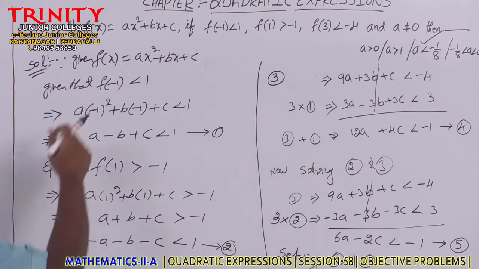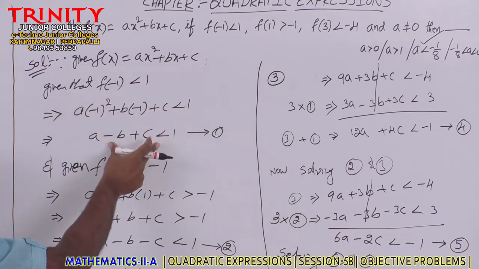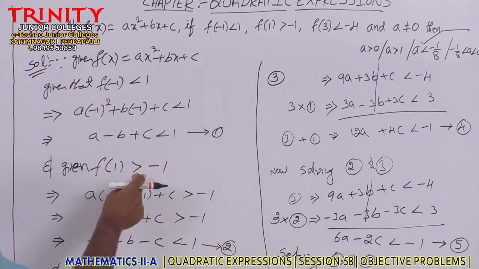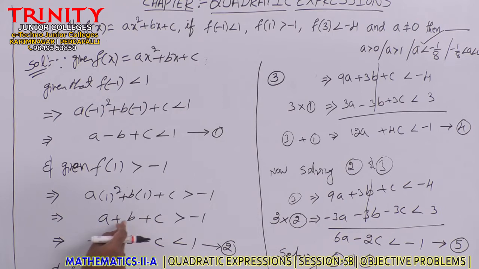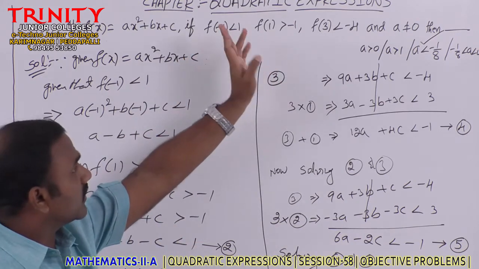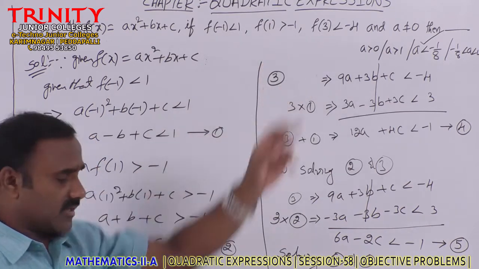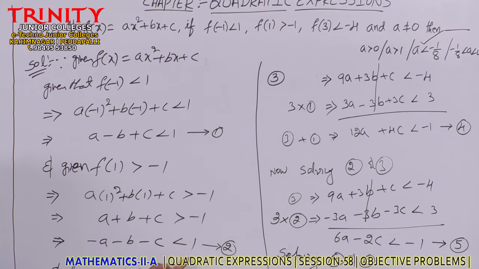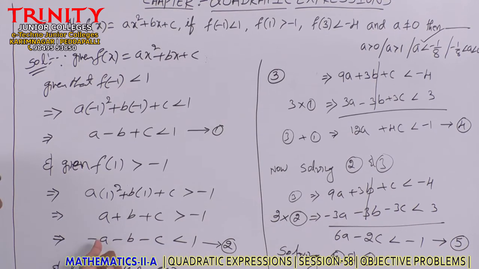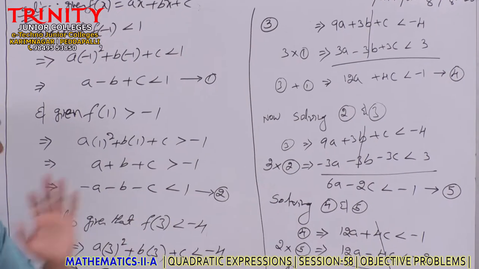By using the three conditions, from f of minus 1 we got this condition, and from f of 1 is greater than minus 1 we got a plus b plus c is greater than minus 1. But two inequalities are given as less than and this one is given with greater than. That's why we changed the sign by multiplying by minus on both sides. Then it becomes minus a minus b minus c is less than 1.